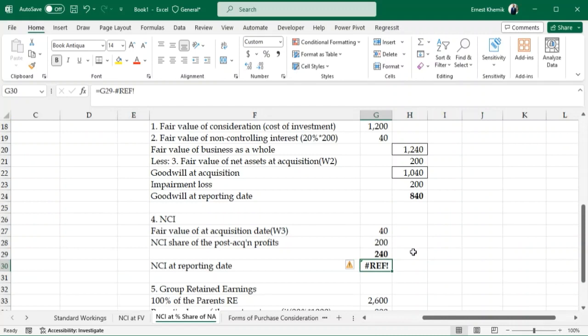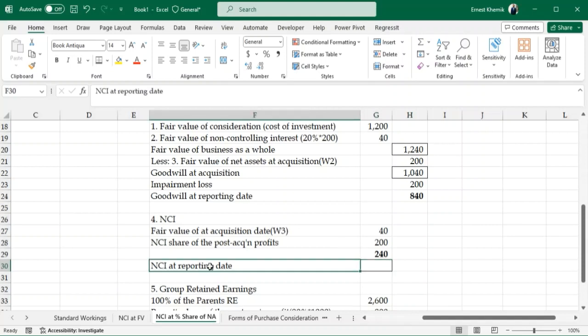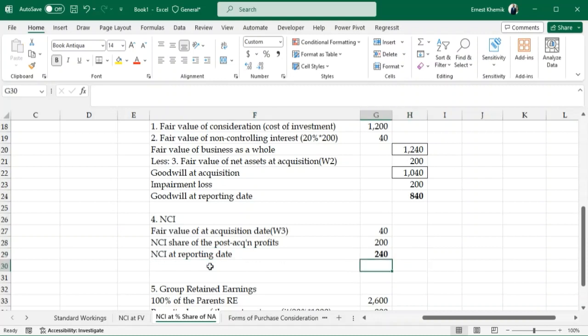And then this figure becomes our NCI at reporting date. So I'll cut this and paste it here. Right, so this becomes our NCI at the reporting date.